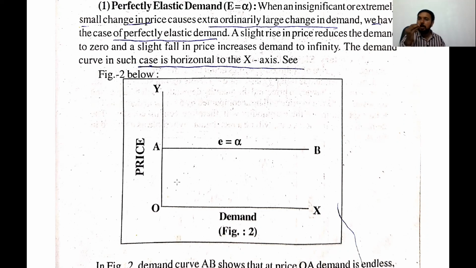For example, if the price of a product is increased by a very minor amount, then the demand for the product will fall to zero, or if the price of the product is decreased by 1% or 0.5%, then its demand will increase infinitely.